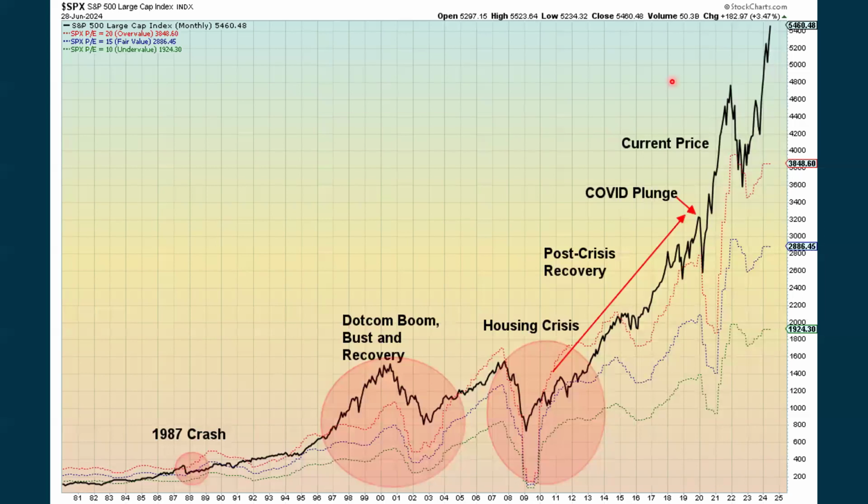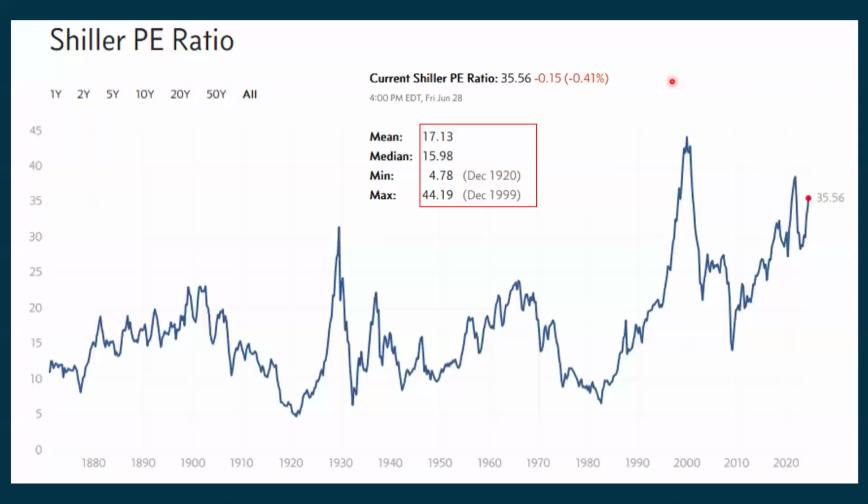Here's another chart of that same thing, just showing different events that have happened going back to 1980. Another way of looking at historical earnings is the Shiller PE ratio, which takes more of a smooth approach. You also may hear this referred to as CAPE, C-A-P-E, developed by Robert Shiller. The current reading that we're getting is 35.56.